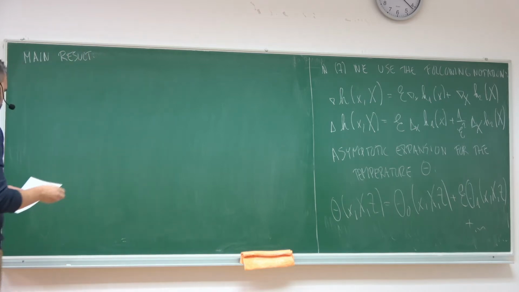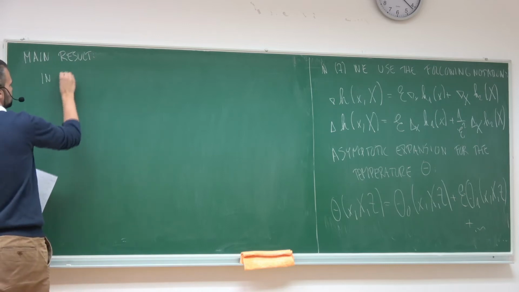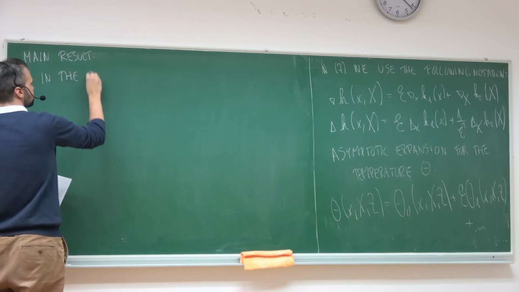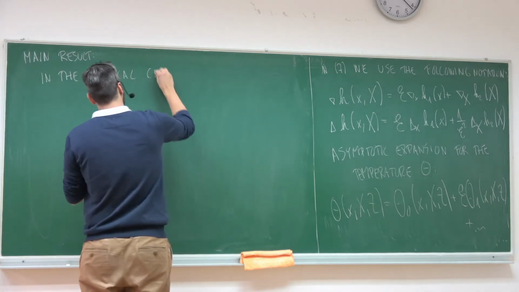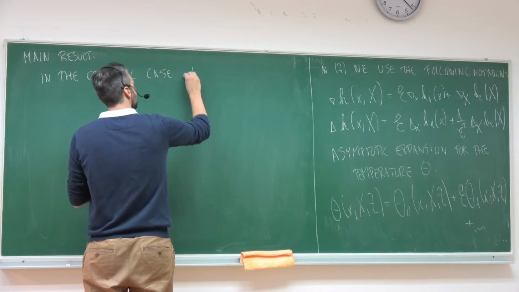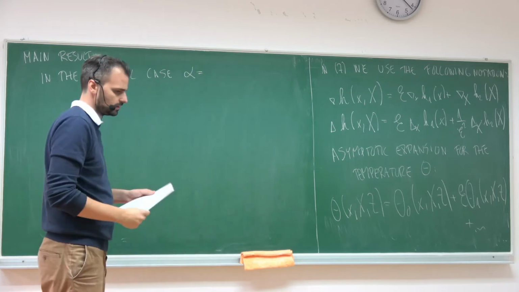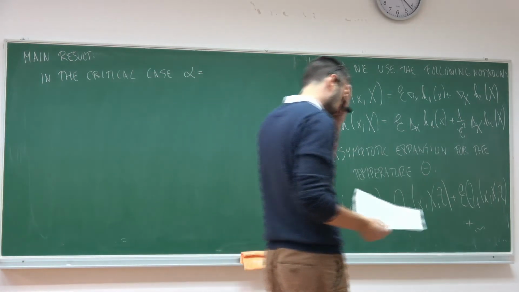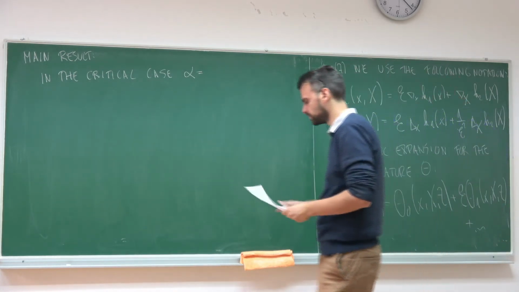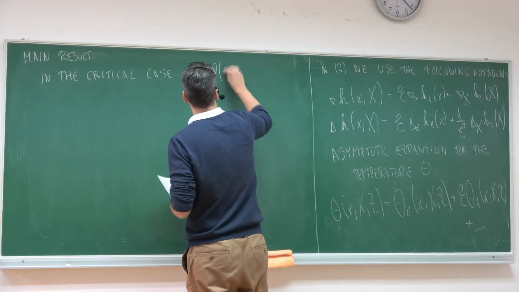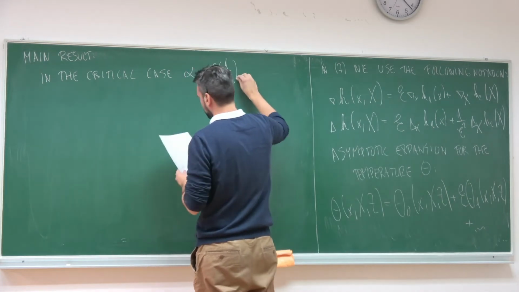So in the critical case, if you take alpha, I don't remember what exactly alpha we took in the last paper. I think it was around order epsilon. So here you take alpha to be order 1 over epsilon.